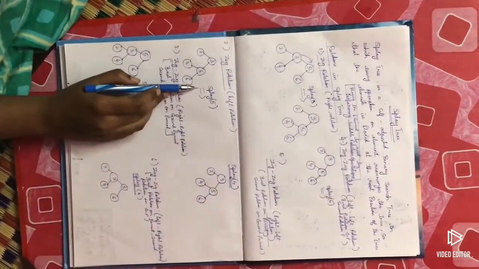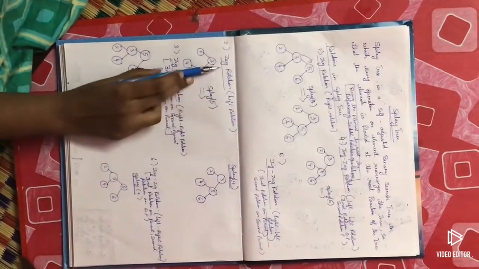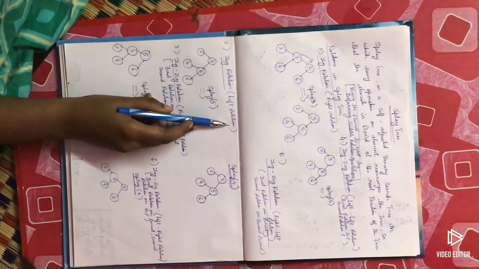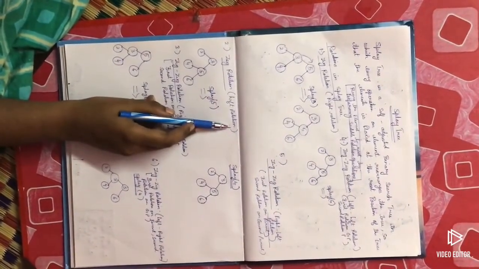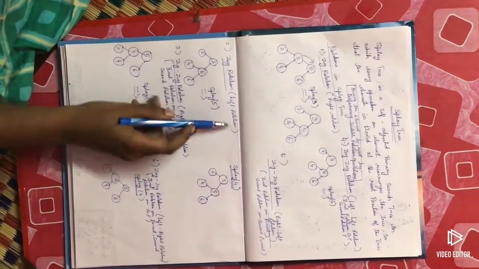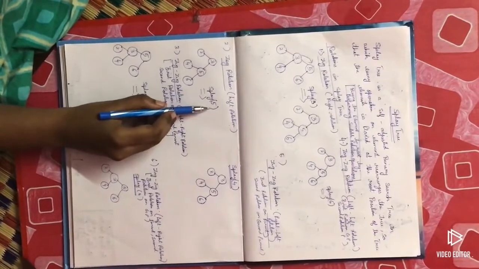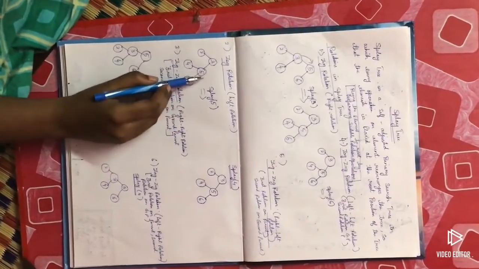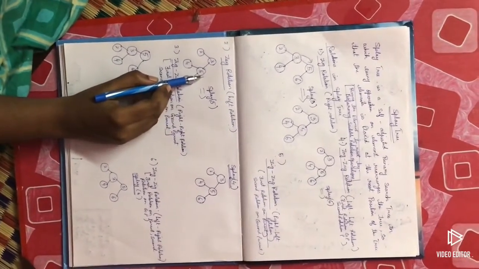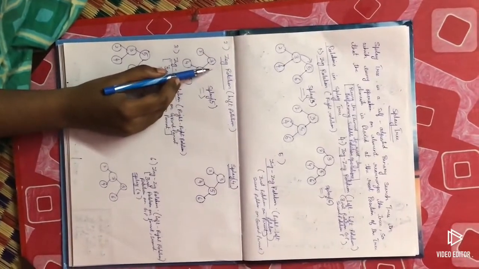So the next rotation is zag rotation. Zag means left rotation. We have to rotate the element to the left, based upon the element we want to bring to the root. So here I am going to splay the element 5. 5 should be rotated to the left so that it can go to the root element.